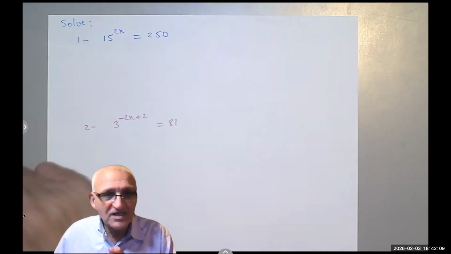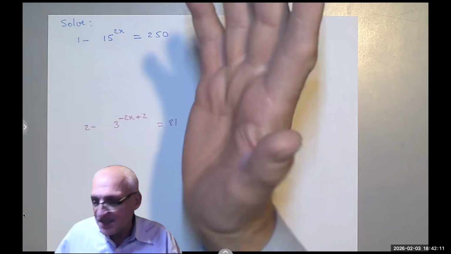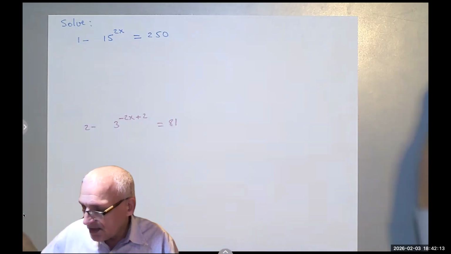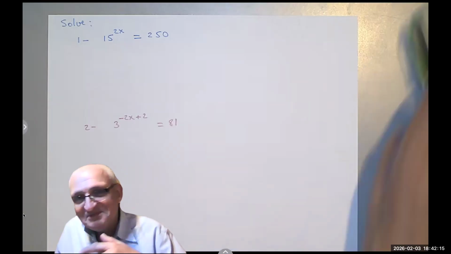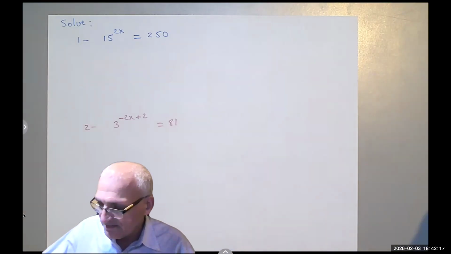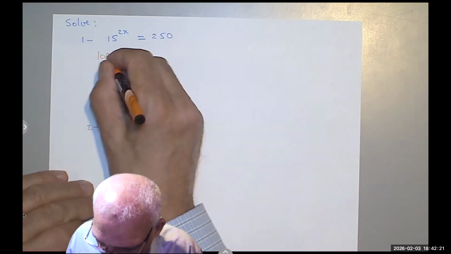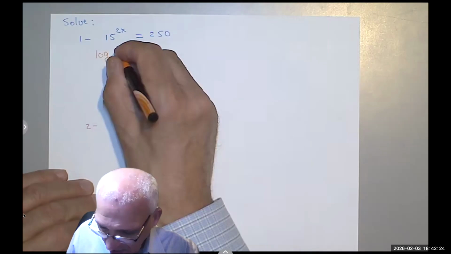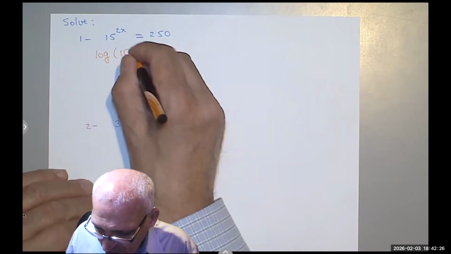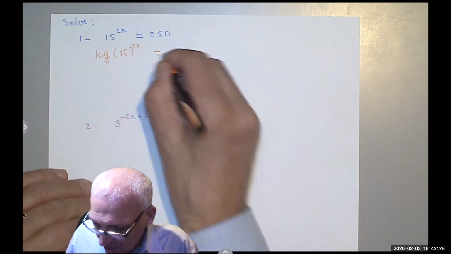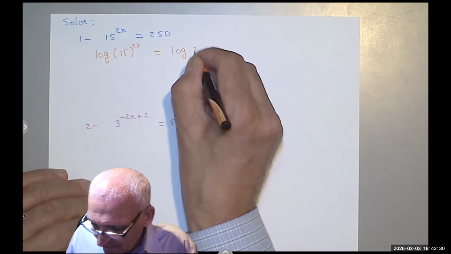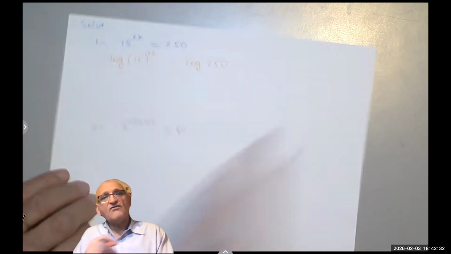It doesn't matter if you take the log or the natural log, the answer would be the same. So I can say log or natural log of 15 to the 2x equals log of 250. So I took the log of both sides.